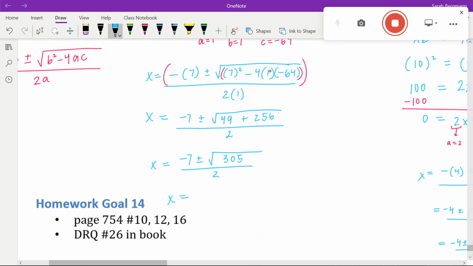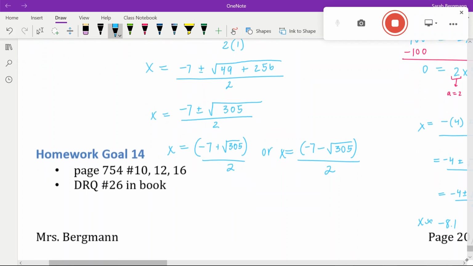So we're going to plug it into our calculator. The first thing you're going to plug in is negative 7 plus square root of 305 divided by 2. Or the next thing you could plug in is negative 7 minus radical 305 divided by 2.